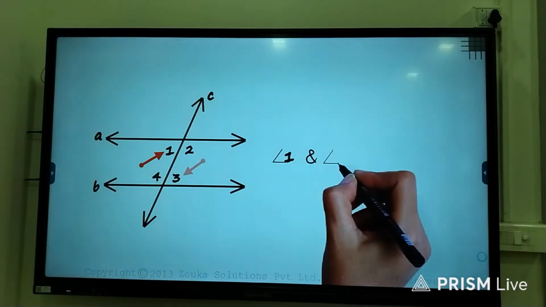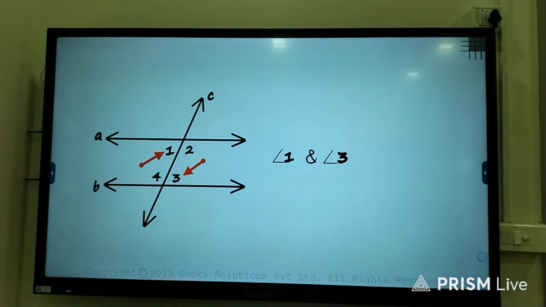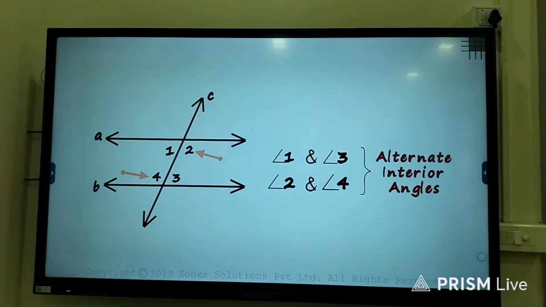Angle 1 and angle 3 is one pair of alternate interior angles. And angle 2 and angle 4 is another pair of alternate interior angles. Here's the beauty of alternate interior angles. Even if one pair of alternate interior angles are equal, then lines A and B will surely be parallel.